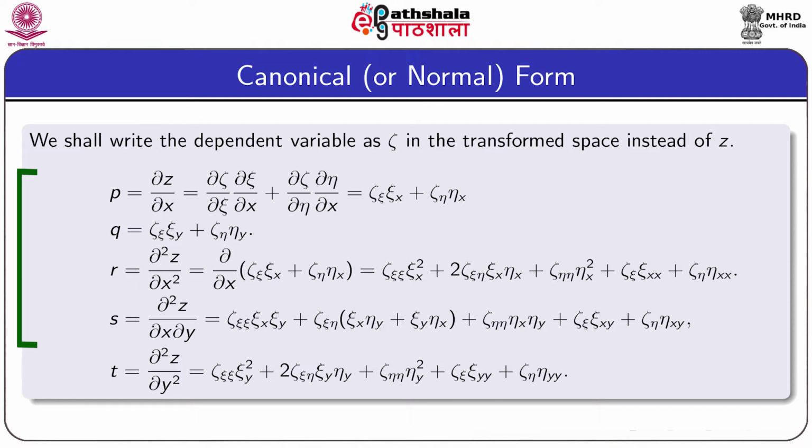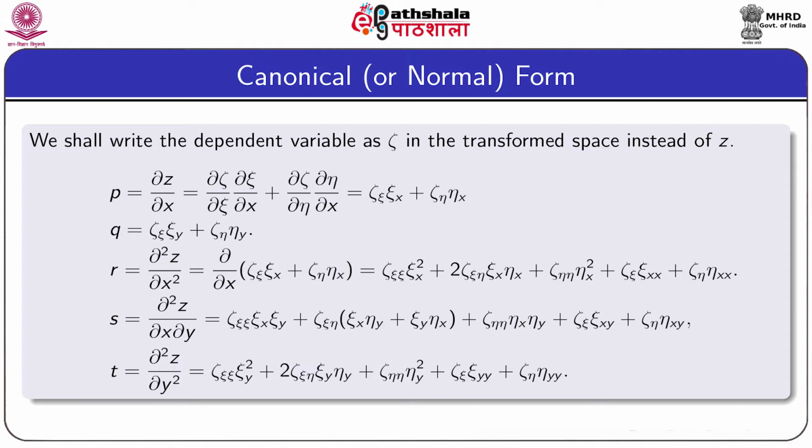So, small p, which is del z del x, can be written as del zeta del xi into del xi del x plus del zeta del eta into del eta del x. Also, q can be written as zeta xi into xi y plus zeta eta into eta y.